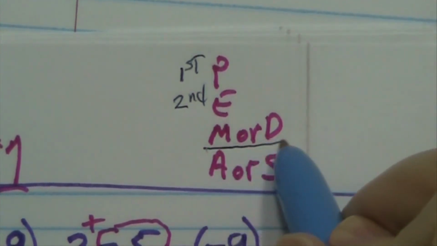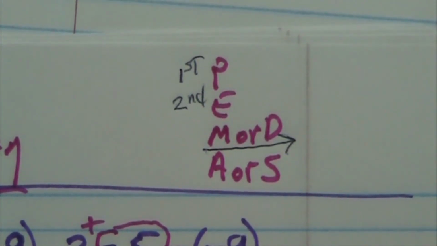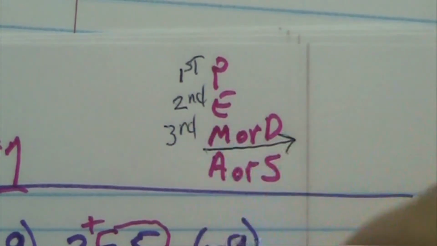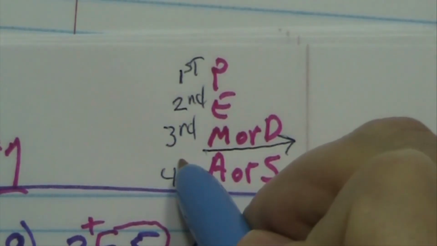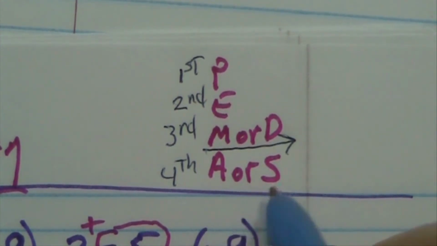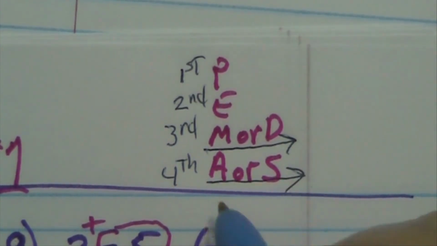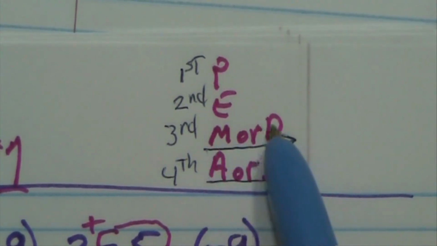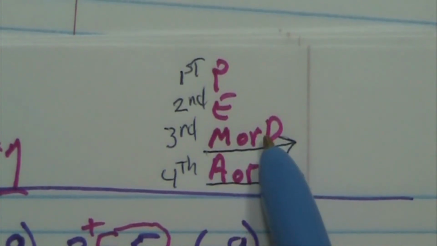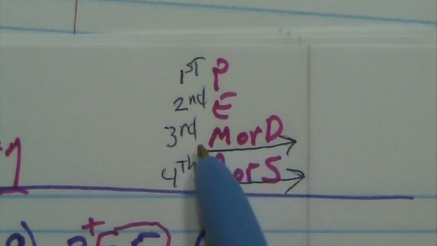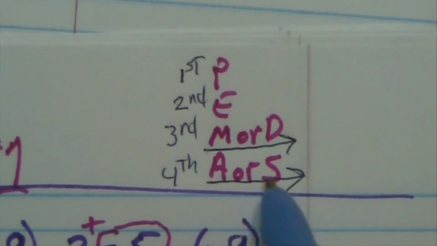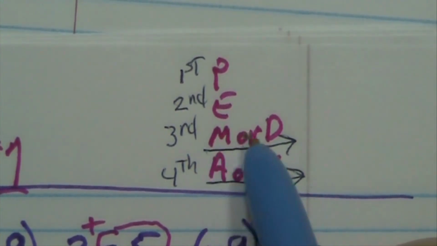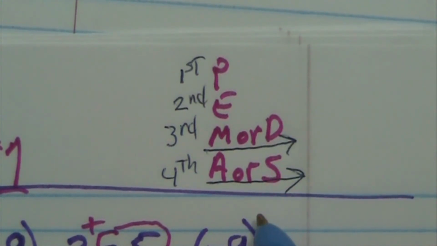Multiply or divide, going left to right. Whichever comes first, it's either multiply or divide. This would be the third thing. And the fourth, the last, is you do adding or subtracting, going left to right, whichever comes first. Because sometimes you could divide before multiply. It just depends on what comes first, going left to right, like you're reading it. Same thing with adding or subtracting. So sometimes, it's not always multiply before division.